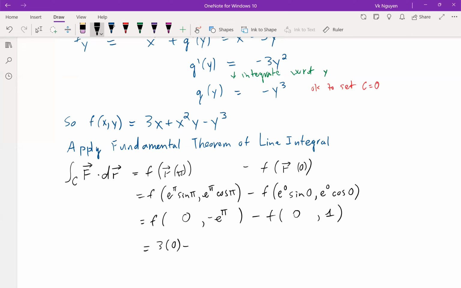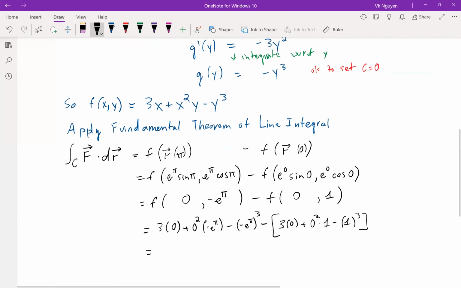Three times 0 plus 0 squared times negative e to the pi, minus negative e to the pi to the power 3, minus, oh man, I was able to have the minus sign straight up, 3 times 0 plus 0 squared times 1 minus 1 to the power 3. So what do we have here? It looks like we have e to the 3 pi minus 1, so plus 1.